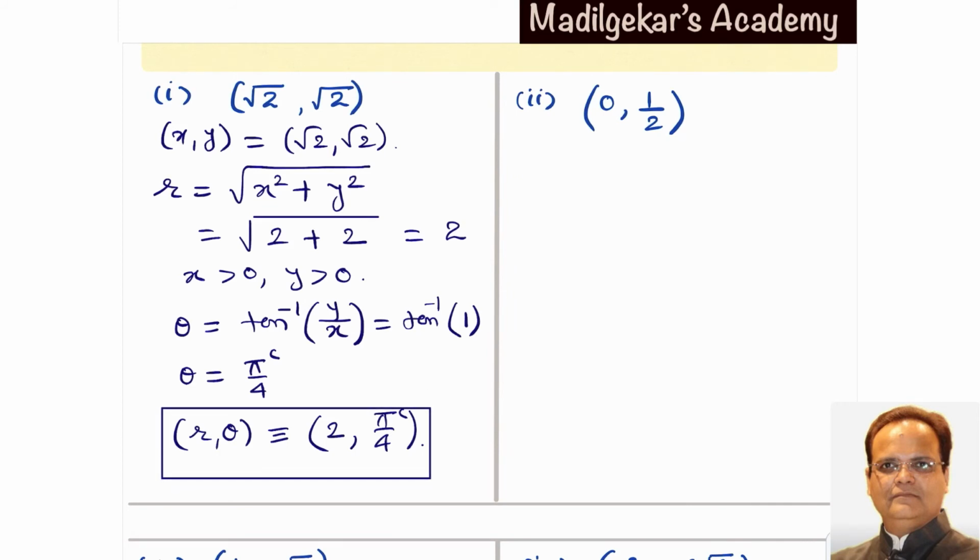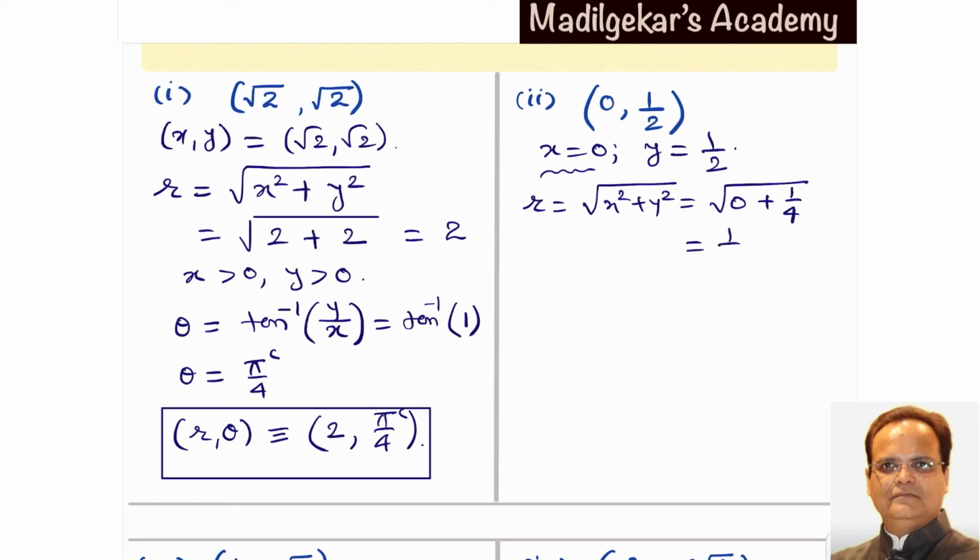Next, in the second bit, x is 0 and y is 1 by 2. As x coordinate is 0, the point must lie on y-axis, and since y coordinate is positive, it must lie on positive y-axis. By formula of r, root x square plus y square, it is root 0 plus 1 by 4, which gives 1 by 2.